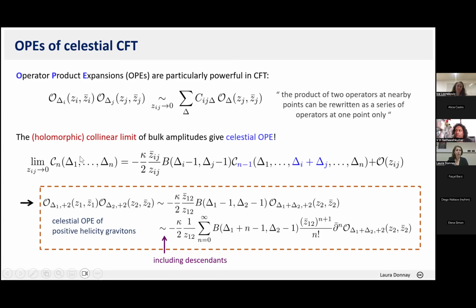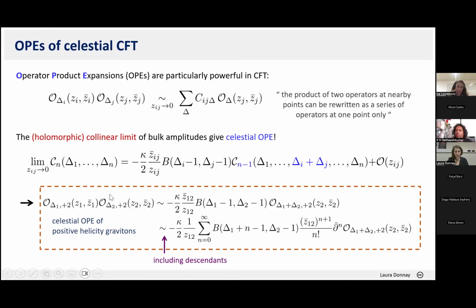If you interpret it again as celestial holography, where you see your amplitude as a correlation function of operators, each of certain dimension, this implies the following OPE. I should have called these delta i and j to be very consistent, because they are the ones that I said would become collinear, but here I have renamed them 1 and 2, so bear with me.